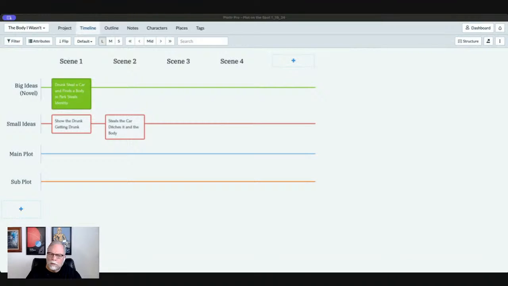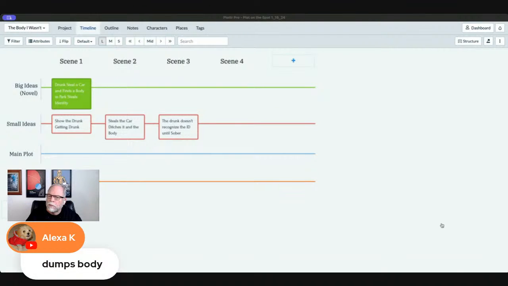Okay, that's interesting. Let's put that in there. Drunk doesn't recognize the ID until sober. Okay, that's good.